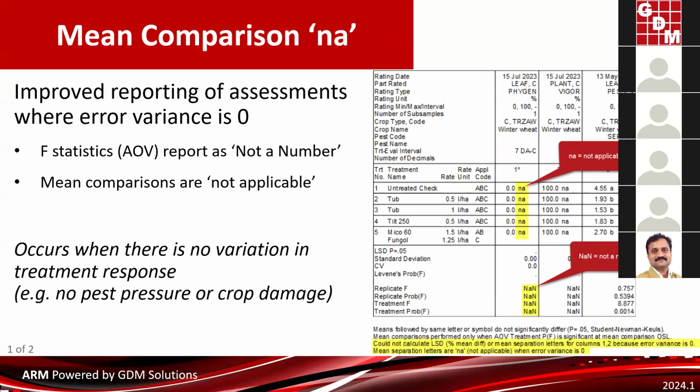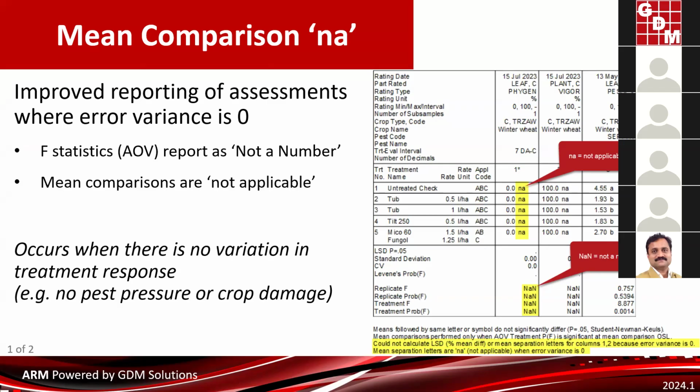Probably the most impactful one here was within the mean comparisons in your regular AOV report for assessments where your error variance is 0. We tweaked the output just a little to be very clear that no statistics are possible.